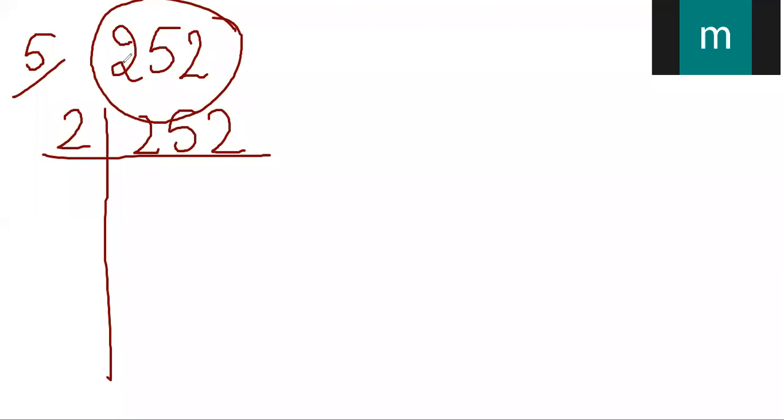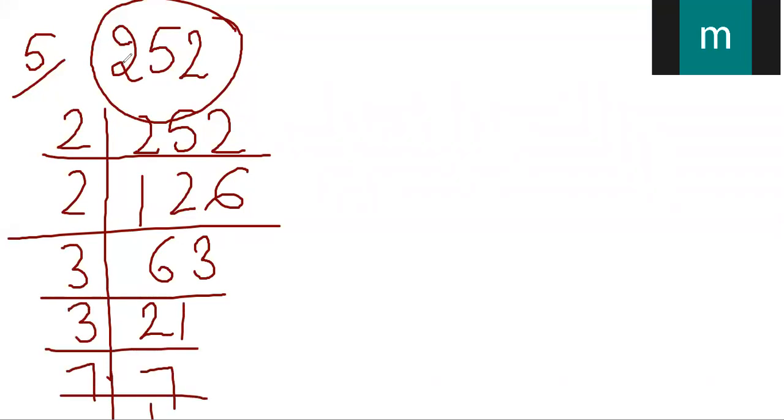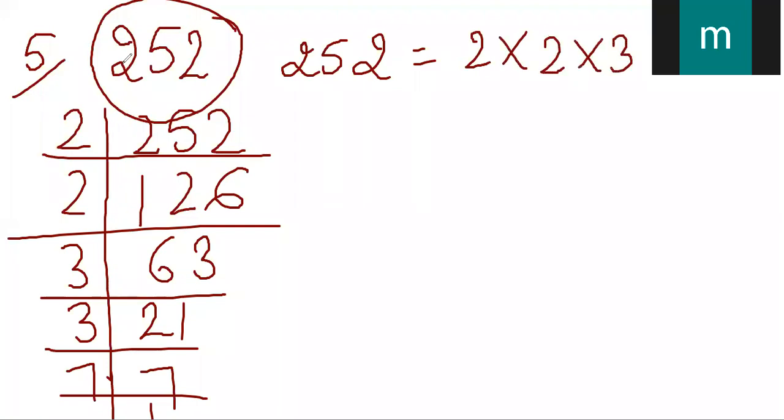So it will go on to 126, again it's even, it will go on to 63. Now it will go on 3, 21, again 3, 7, and the last 7. So we can write 252 as 2 into 2 into 3 into 3 into 7.